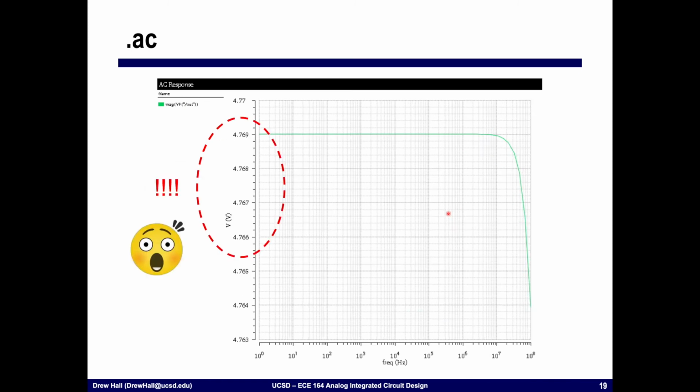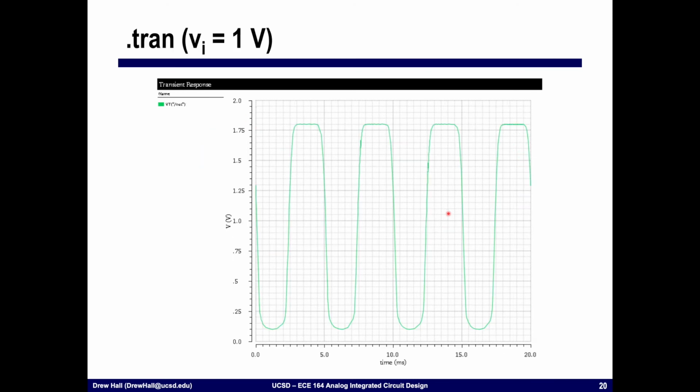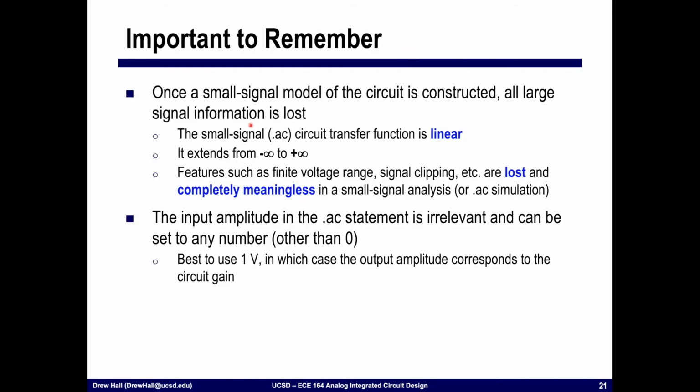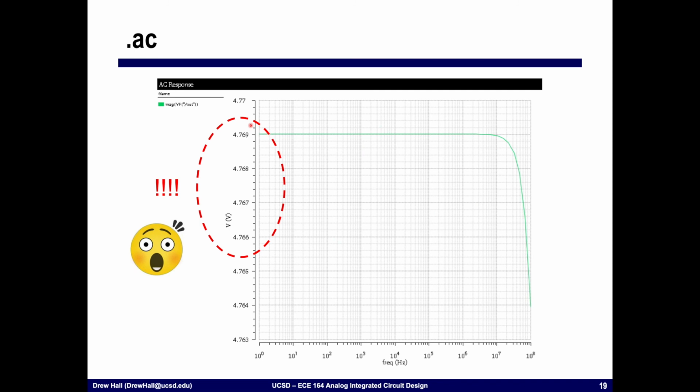However, if I was to try to run a transient simulation with a very large input, it would show me that the voltage can only go up to 1.8. Okay? And so this is really important that we understand what's going on in the simulation. When I do an AC simulation like this, the simulator does the same things that we did when we were analyzing the circuit. It first finds the DC operating point.